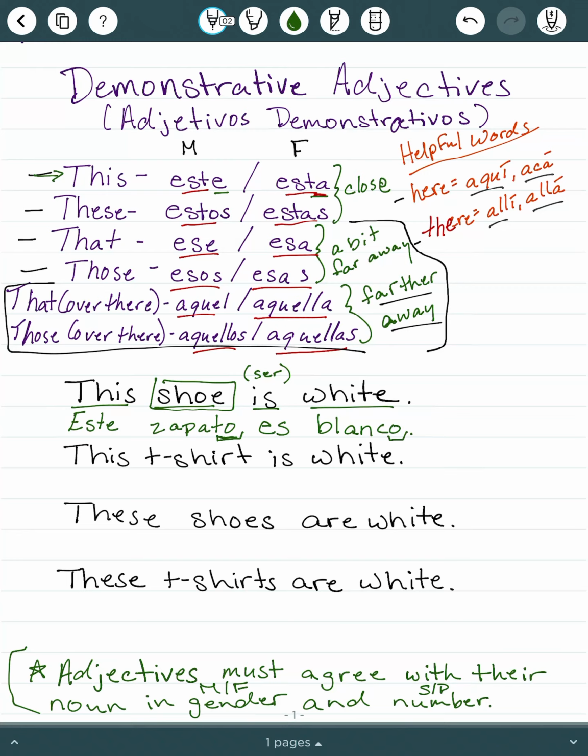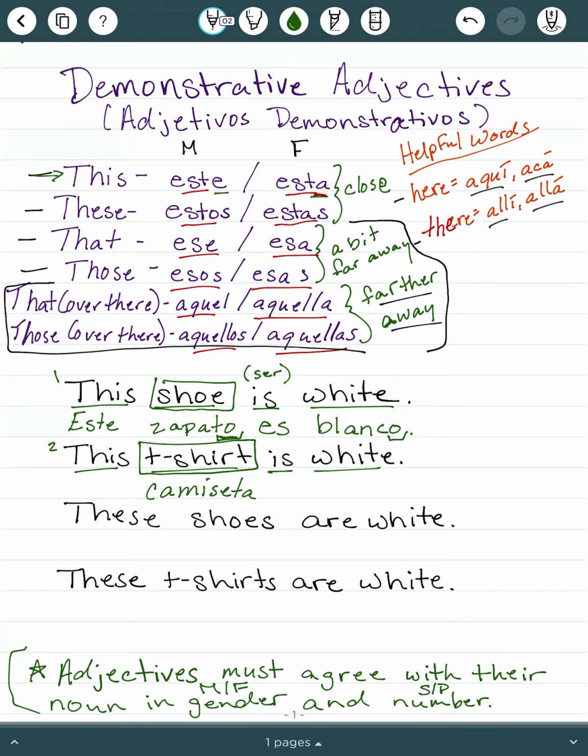All right, let's look at the second one. This t-shirt is white. So the only thing that changed between the first sentence and the second sentence is our noun. So again, our noun is going to be reflected in everything else. So the word for t-shirt, if you look on your vocabulary list, you'll find the word camiseta.